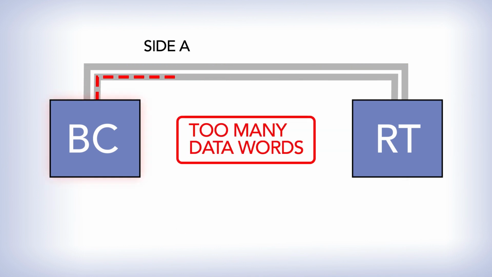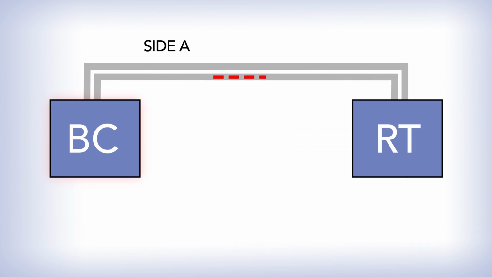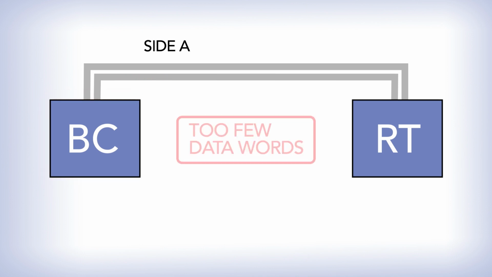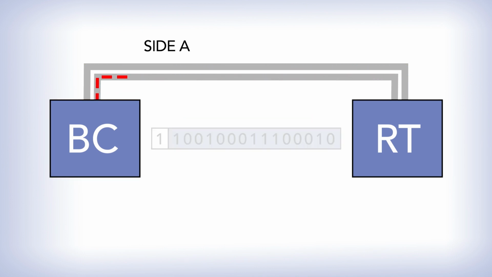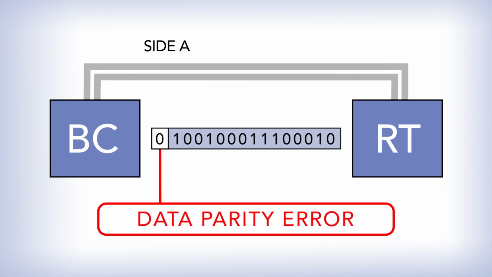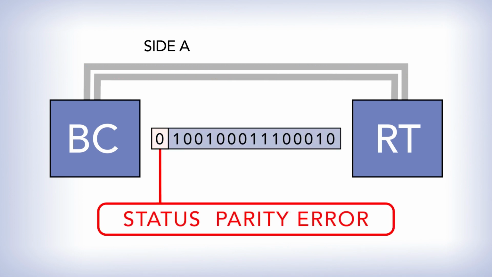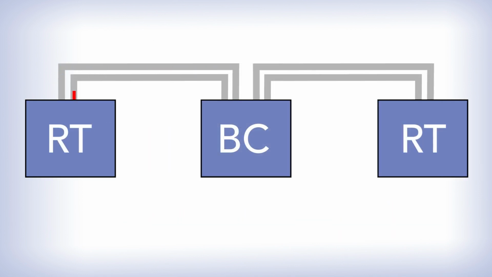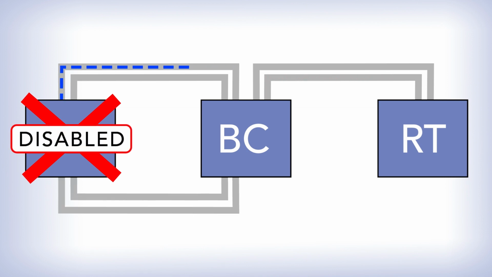Make sure the reply has too many or too few data words. Create a data parity error. Create a status parity error. And finally, disable any RTSA in the system at runtime.